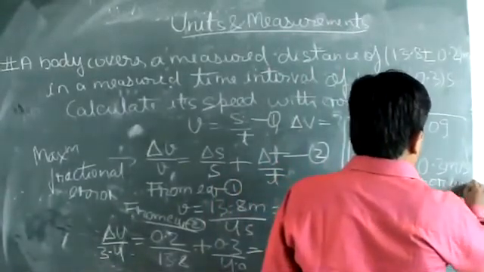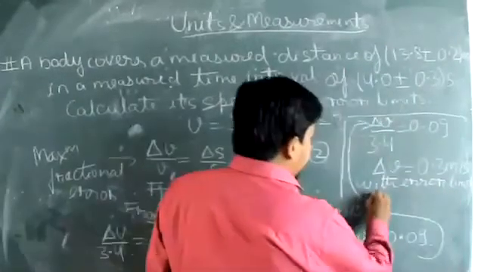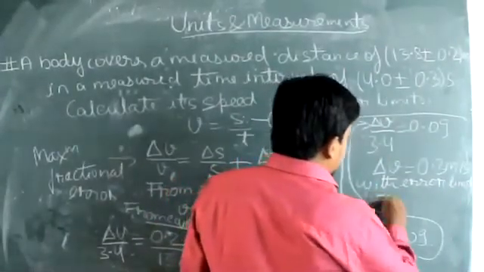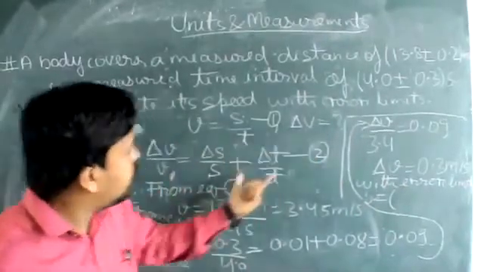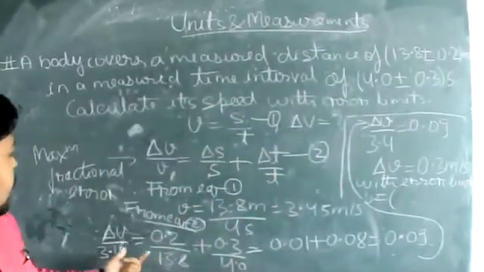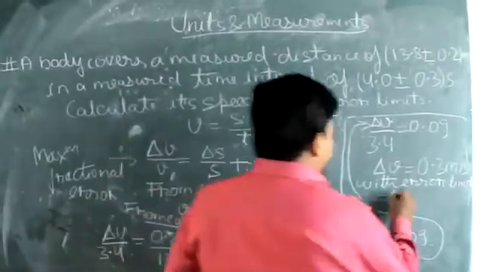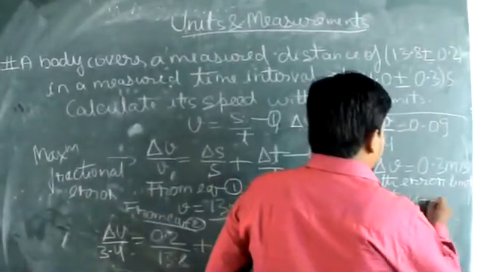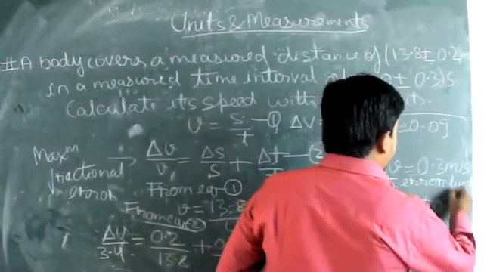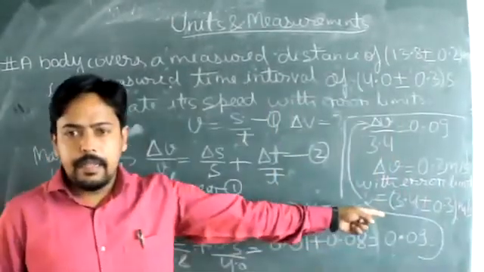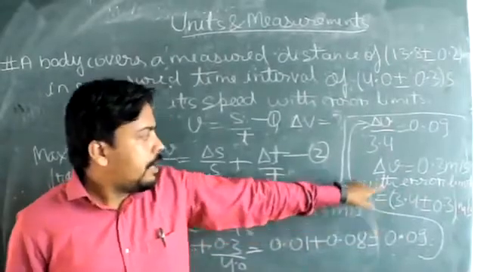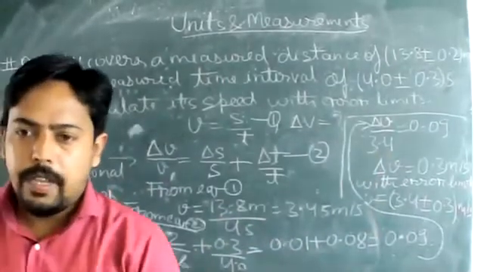We can express velocity as this. The main value, the actual value, comes out to be 3.4 plus minus 0.3 meter per second. In terms of error, I have written the physical quantity velocity. That is what we have been asked to do.